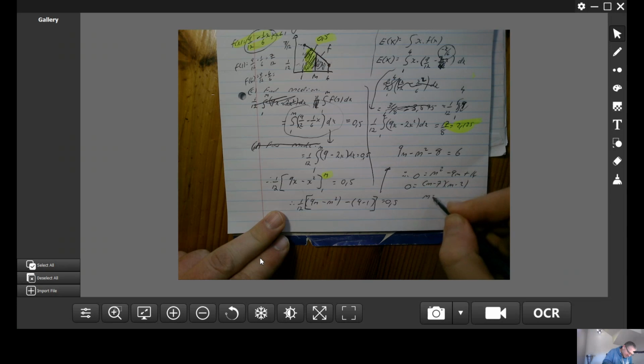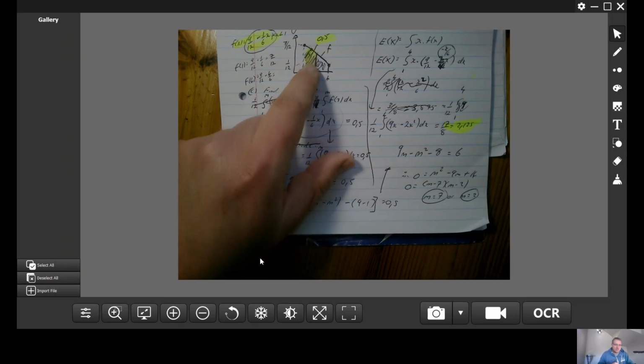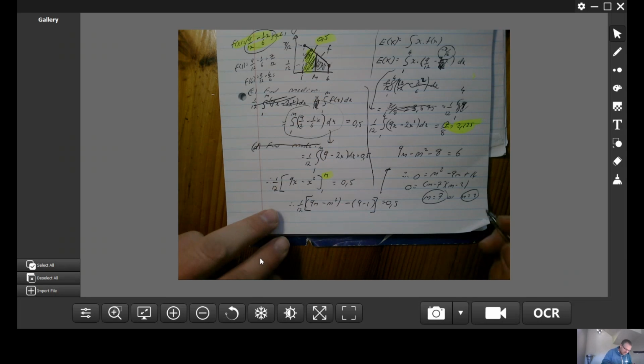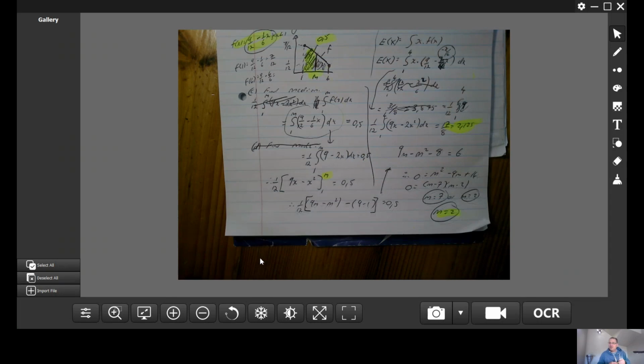So m is equal to 7 or m is equal to 2. But we can see from our graph that the median can't be at 7. That's outside the required interval. So the median, in fact, must be at 2. So your median is equal to 2. So that is the median.